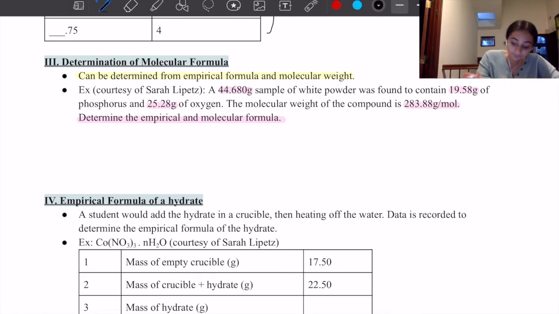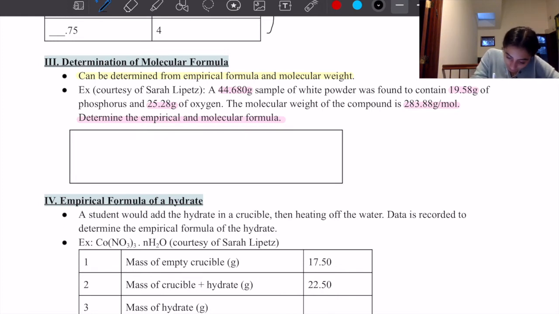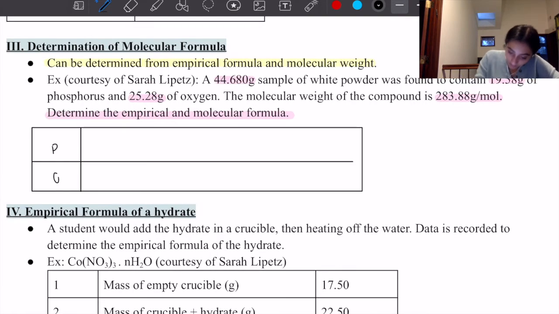So if we make our table, and we can divide it up, we have phosphorus and oxygen. And then in our mass column, we have 19.58 grams phosphorus and 25.28 grams oxygen. Now we are going to convert them both to moles.